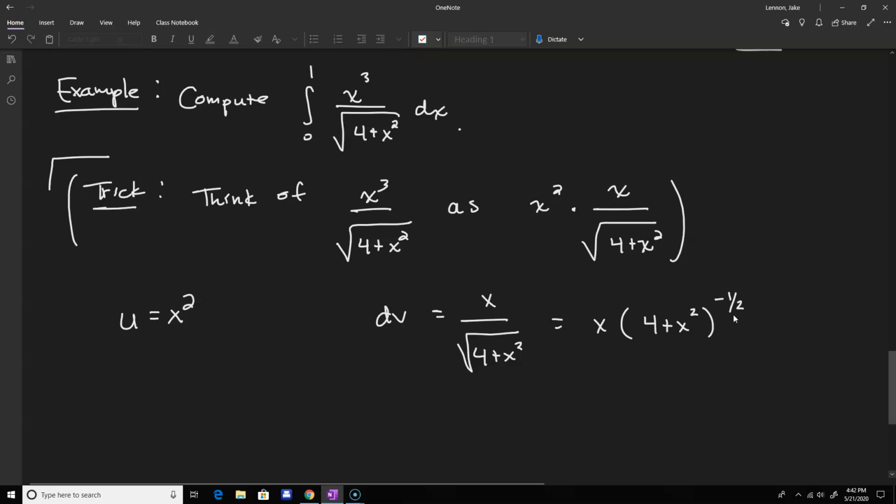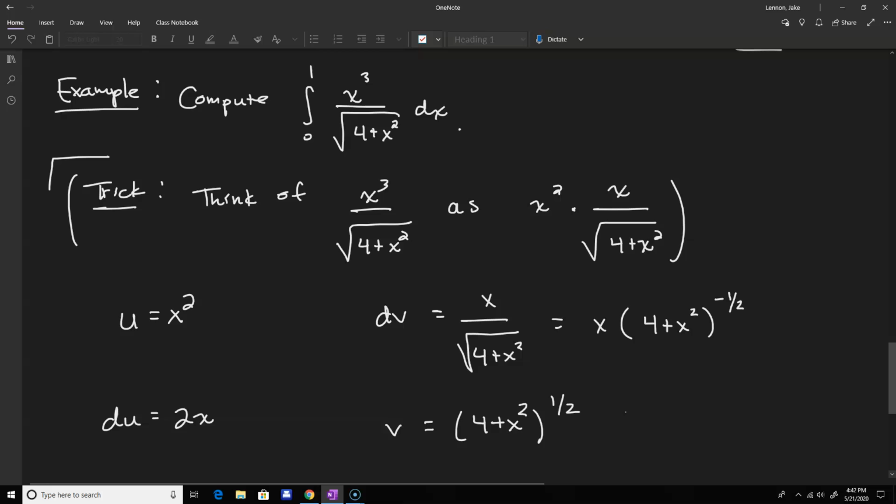It's up to you, however you want to do it. And then we have du is equal to 2x, and v is the integral of this thing. So I will go ahead and tell you what it is. The integral actually just ends up being 4 plus x squared raised to the 1/2 power.